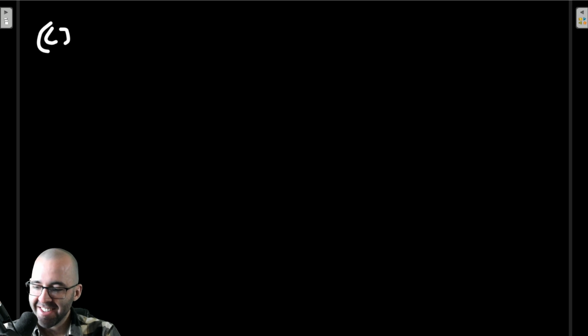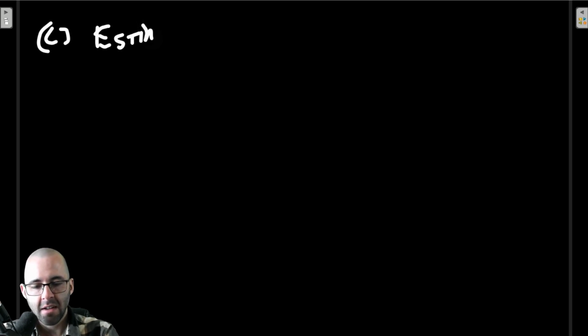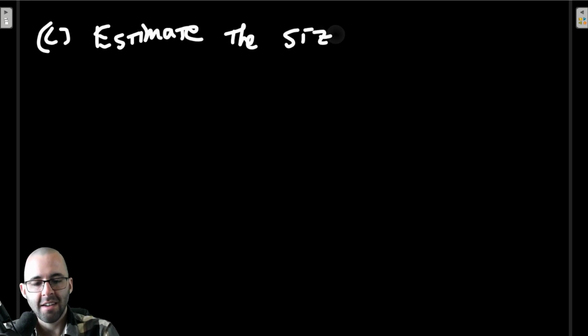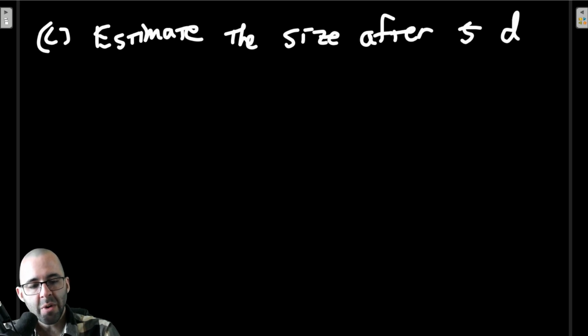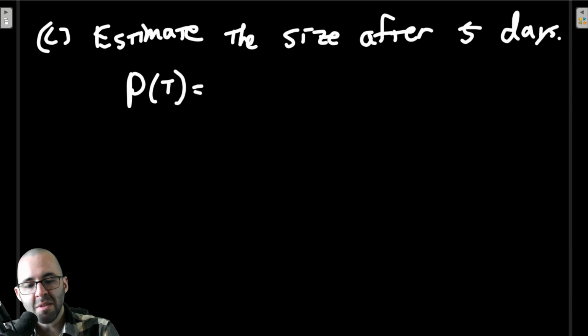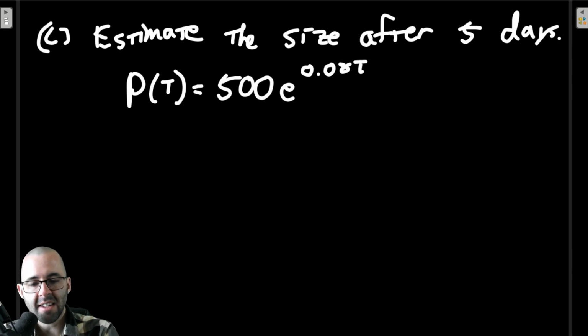Part C, estimate the size after 5 days. So all we're going to do is use our population model, right? We have that our population model is 500 times e to the 0.08 times t. Well, after 5 days, that's just a value of t, right? T is number of days.